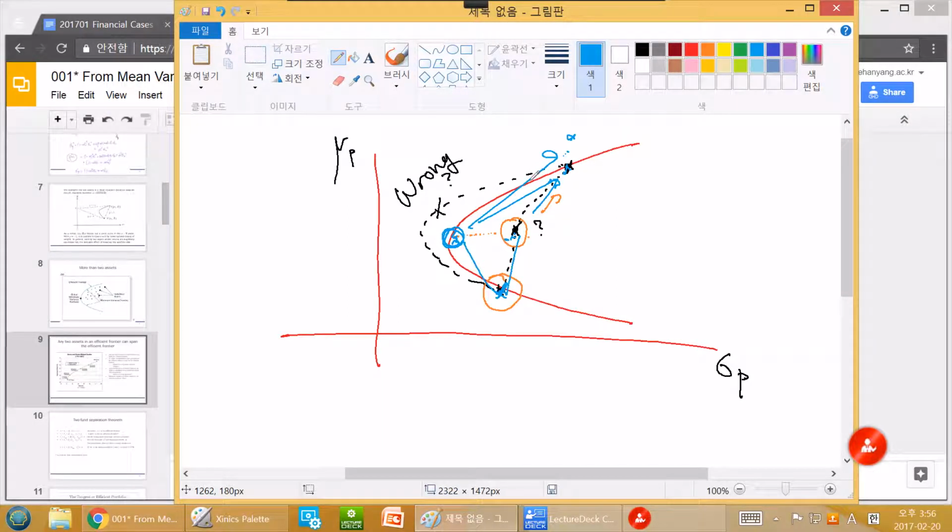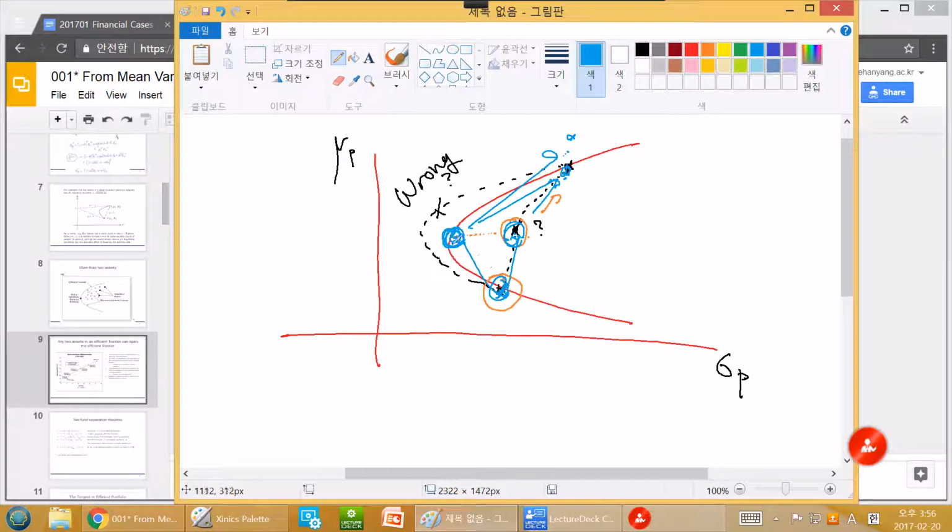Therefore, we proved our argument. If a combination of this one and this one creates this one, or combining this one and this one creates something much better than that, that is against the definition of efficient frontier. So the only consistent argument is that if we combine this one and this one, it should be this one.